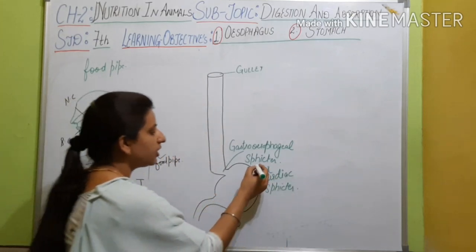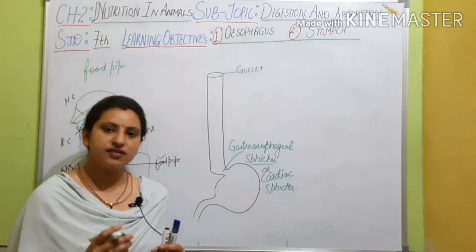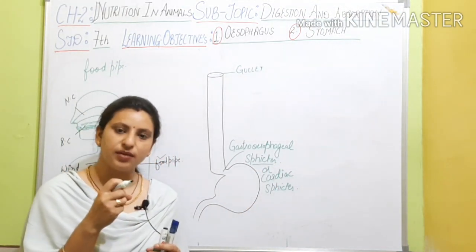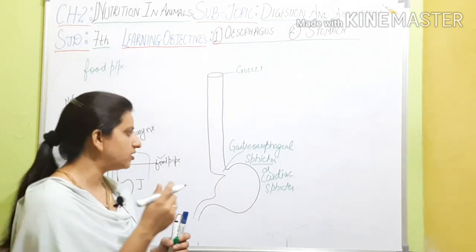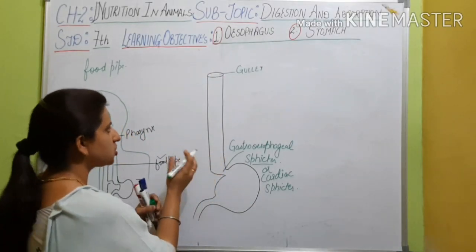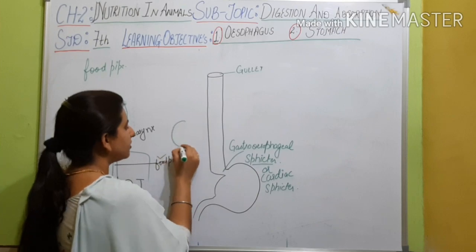So what does this sphincter mean? Sphincter means that it is a type of pipe which is very tightly bound, and if you look at the cross section of this esophagus, you will find it like this.